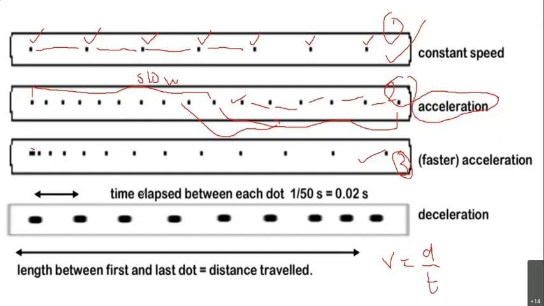So how can we find out the distance? Well, the distance the object traveled is the length of the tape from the first dot made to the last. So the length between the first and last dot gives us the distance traveled.